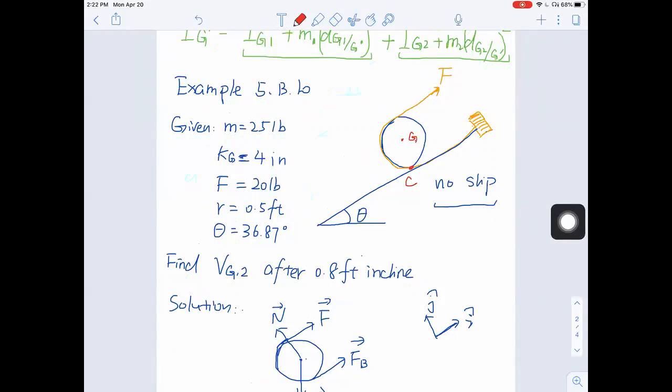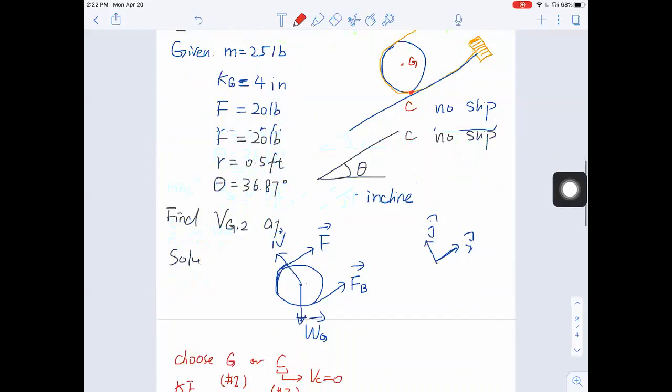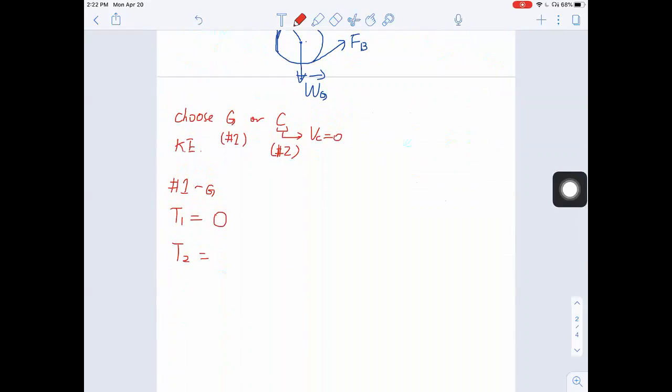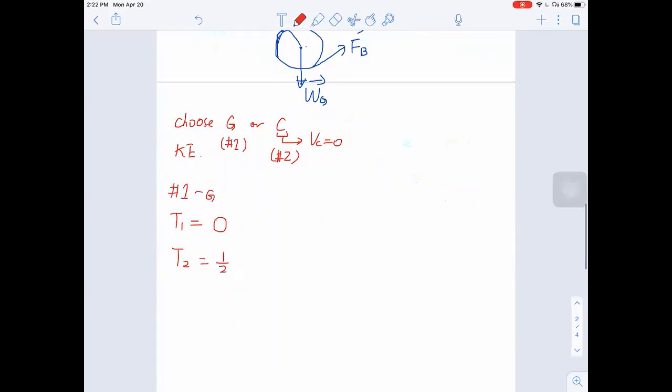At position 2, the disk has some speed. Since we picked point G, the kinetic energy equation goes 1/2 m vG2 squared plus 1/2 IG omega 2 squared. Remember, that's the main difference we talked about last time.